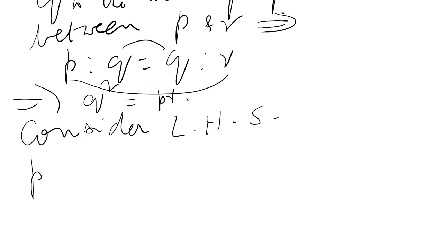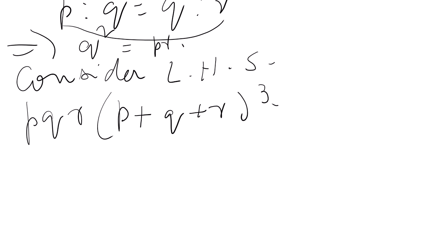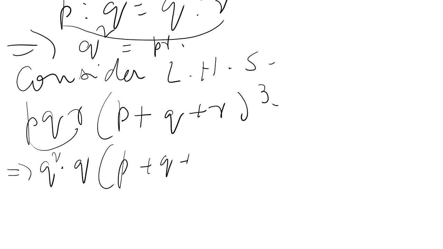What is given LHS? LHS is PQR into (P plus Q plus R) whole cube. So what we know, Q square is equal to PR, so in place of PR we will substitute Q square. So this implies Q square into Q, because PR is Q square, and one Q will be left, into (P plus Q plus R) whole cube.